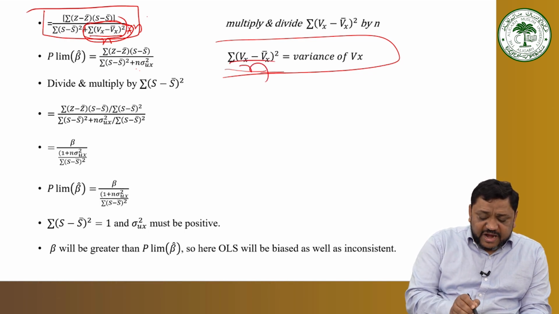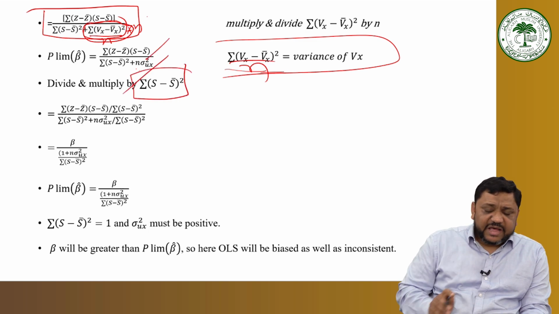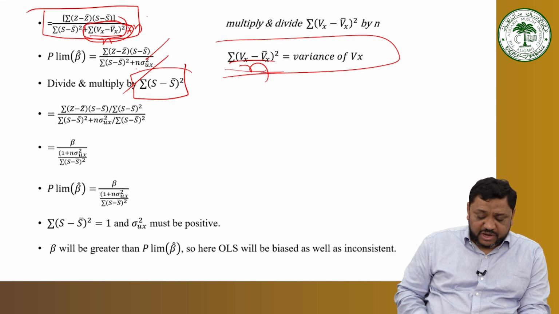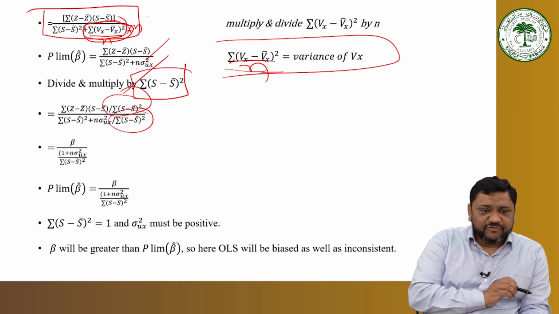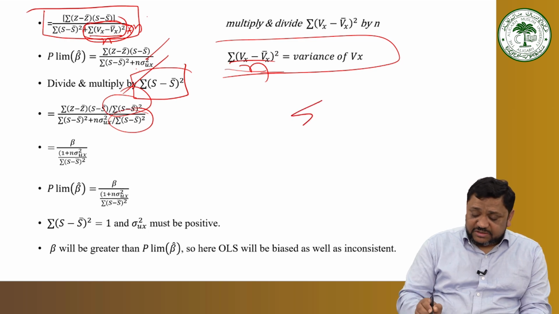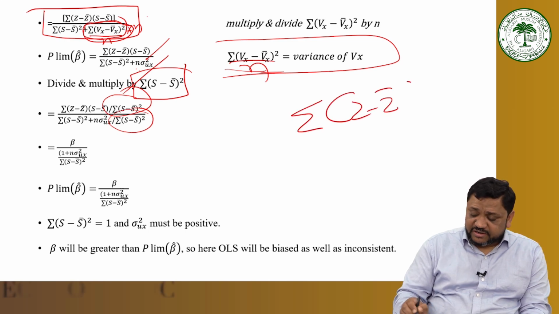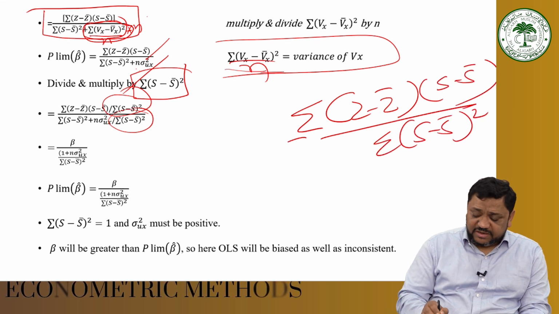Now you divide and multiply, here also and here also, in both the terms, by sigma s minus s bar square. So this appears over here also and this appears over here also. So now the numerator is, if I write it more prominently, summation s minus s bar square. This is nothing but beta.